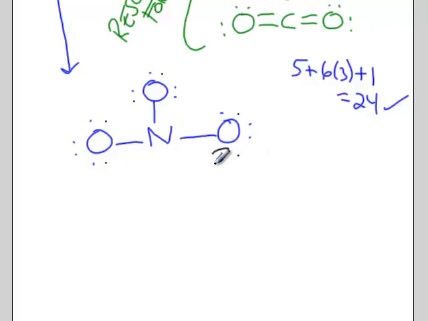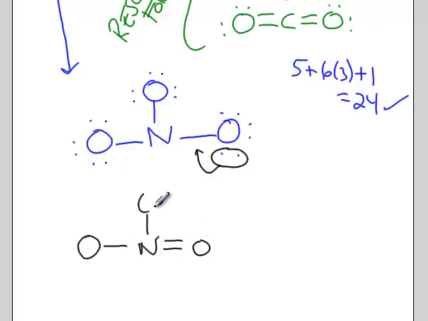it needs. We could move a pair from this oxygen, and we'd end up with a double bond here, and the other bonds are still single. We could have chosen the oxygen on the left.